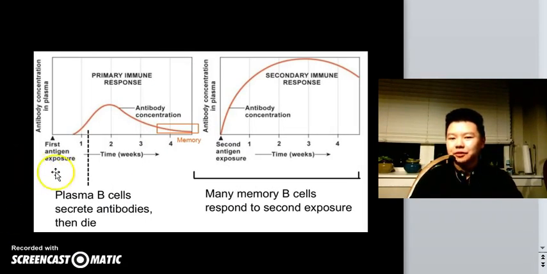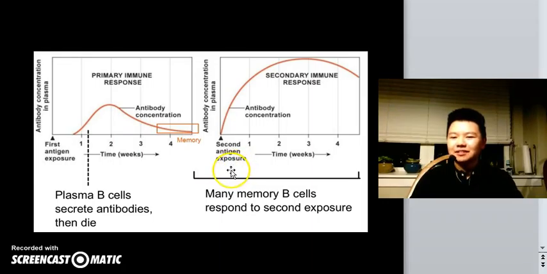Here's a graph showing this. Here's the first antigen exposure, so the first time your body encounters this antigen, it produces some antibodies, but it's kind of slow and it doesn't make as many in total because there were not that many B cells around to respond. We produce plasma B cells, which secrete the antibodies and then die. And we produce memory B cells, which stay around long after.